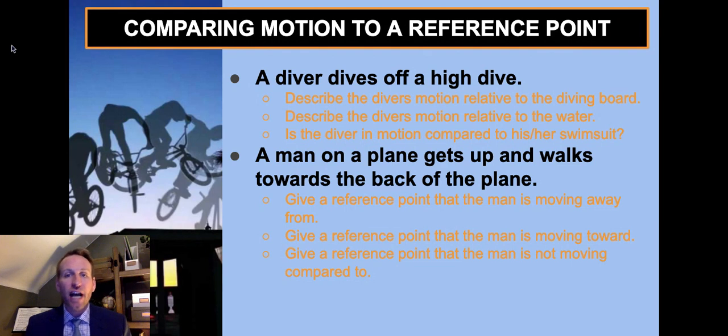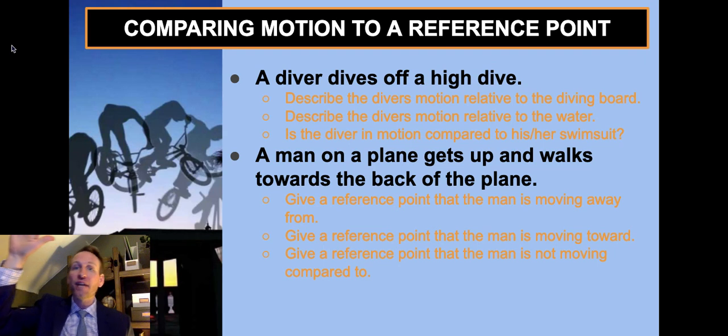Describe the diver's motion relative to the diving board. Well, that's not a living thing, right? That's an inanimate object. But if you pretended that you were the diving board and you could see, what would you see when the diver jumps off of you? Obviously, your description of the motion would be that the diver is moving away from you, right? It's moving away from you based off of that reference point. So again, put yourself at that reference point to be able to tell it out. That's the best hint I can give.